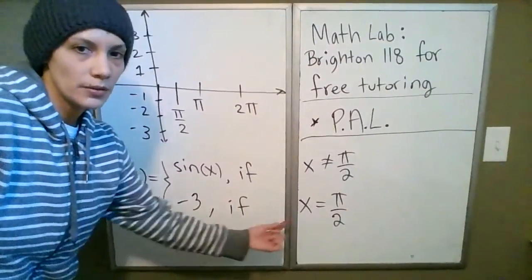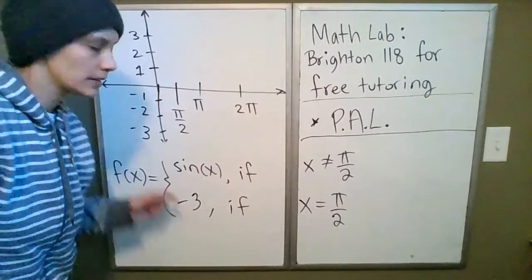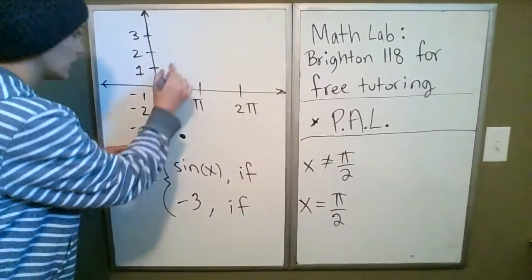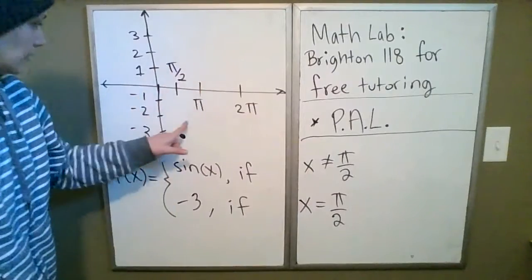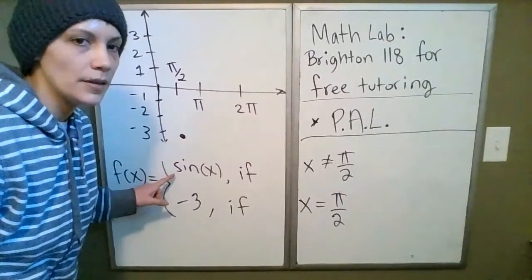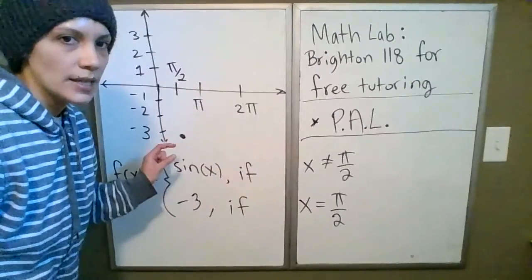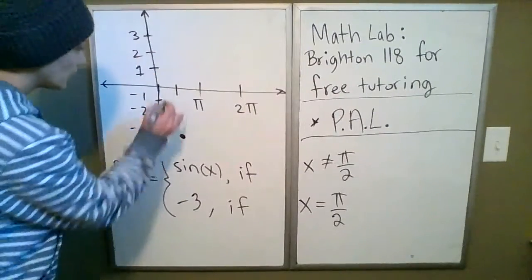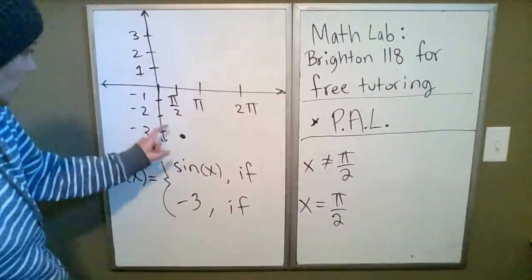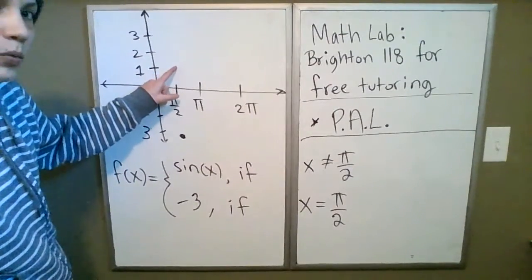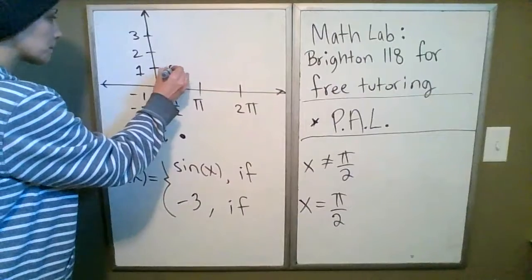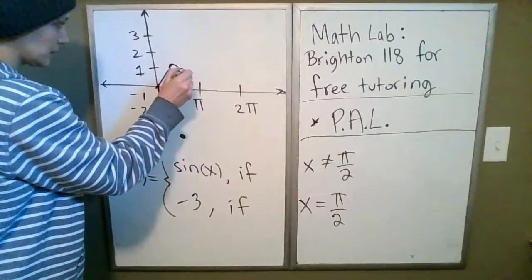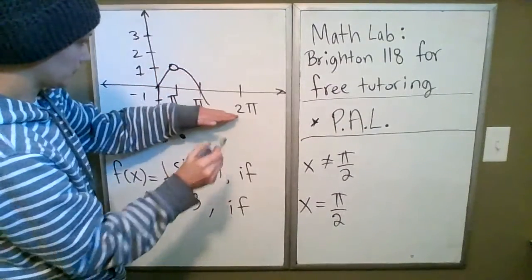So taking care of this part, right at x equals pi over 2, the output is -3. All of the other outputs are on the graph of sine of x, and we're just going to have a hole right here. And it should go up to 1, but it has a missing spot right here. Down to -1.